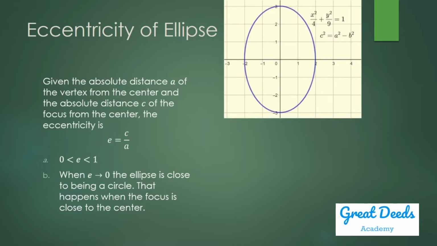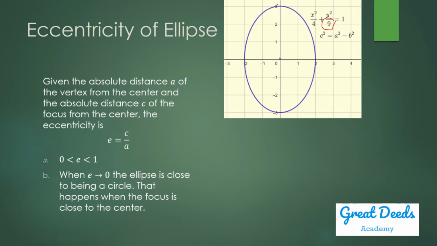In this ellipse, for example, x squared over 4 plus y squared over 9 is equal to 1. A squared is equal to 9. So that means A is equal to plus or minus 3. So one vertex is 3 units above the center, and the center here is the origin.